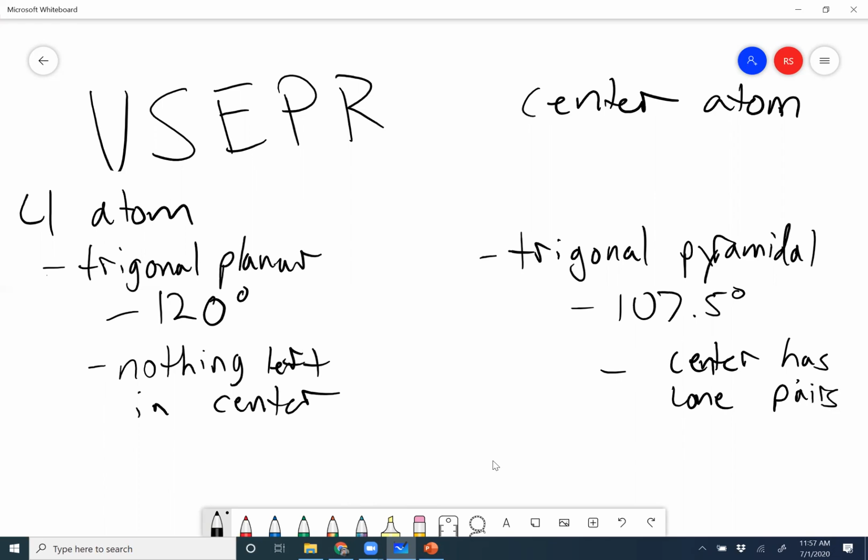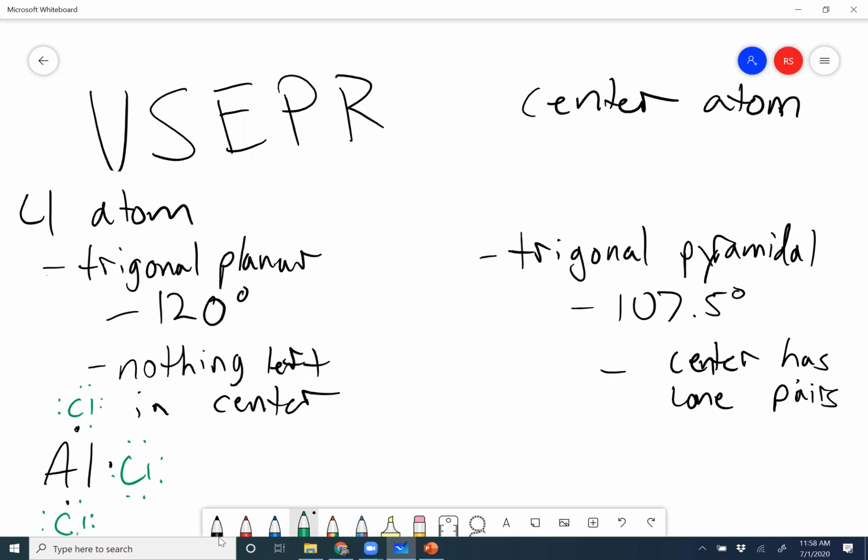So what's a good example of this? Well, let's take a look at something like aluminum chloride. Even though aluminum chloride is technically an ionic compound, aluminum with its 3 electrons here, we could draw it like this, and chlorine with its 7 electrons could draw it like that.